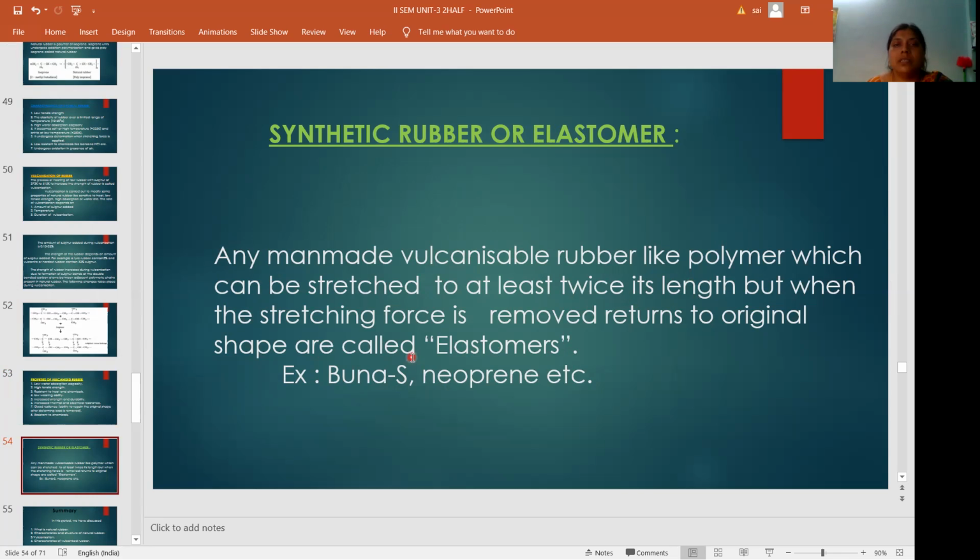When you apply the force, it stretches, and when you remove the force, it returns to its original shape. That type of polymer is called an elastomer or synthetic rubber. Examples of elastomers: vinyl, this is one synthetic rubber, and neoprene. By chemicals, we are preparing the rubber that is called an elastomer.